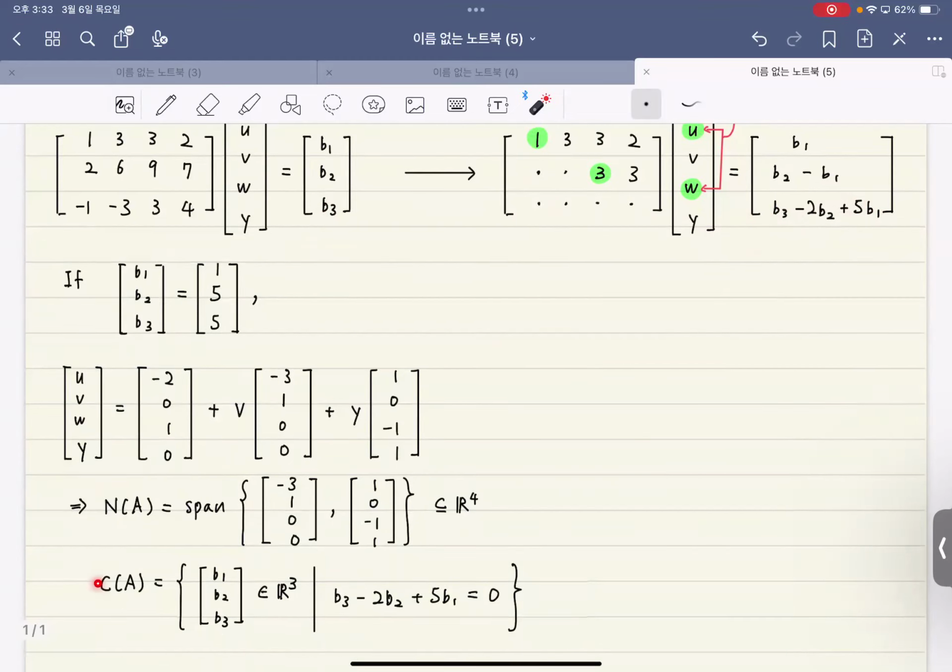Therefore, I can say my column space consists of 3-dimensional vectors b1, b2, b3 satisfying this last restriction. Okay, so this is another description of the column space.